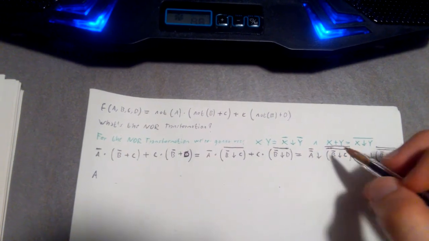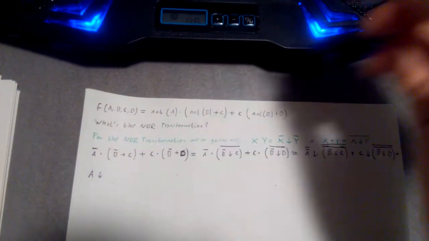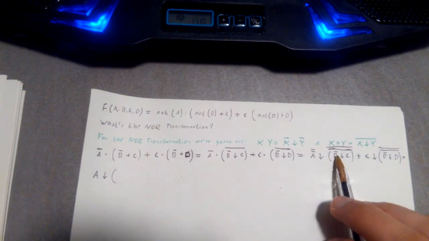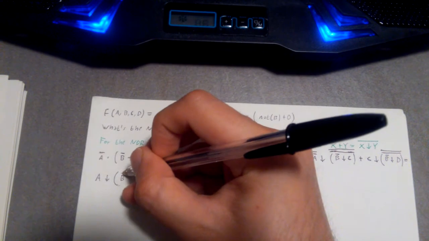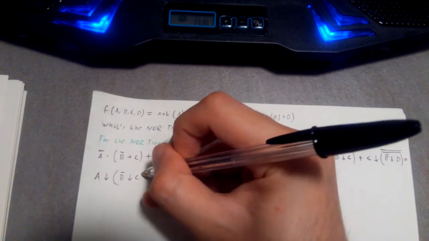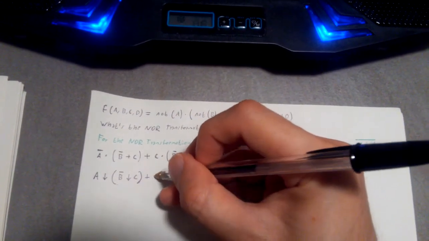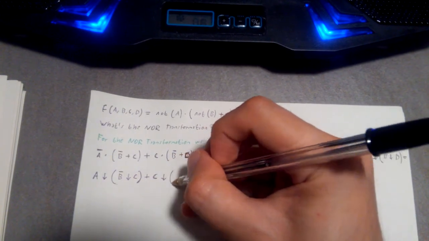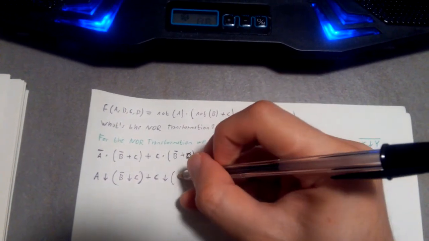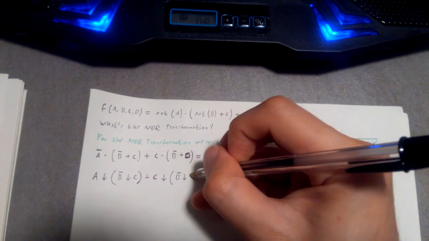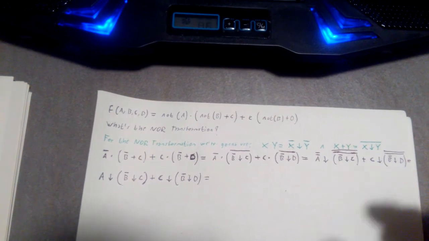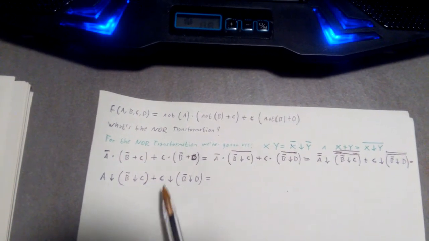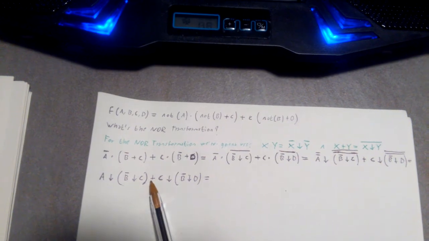So in this case, not not A is A. And we have not not of this whole thing, which is just this thing. So B not, arrow down C, and we have plus C, arrow down, and the not goes away, so B, arrow down D. And now the last thing I want to get rid of is essentially this plus here.